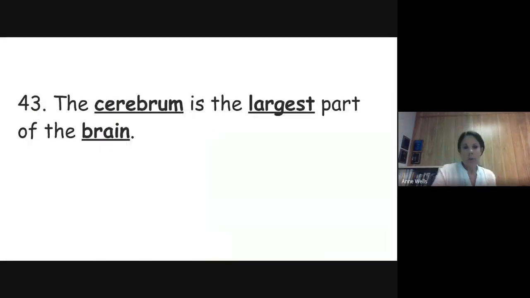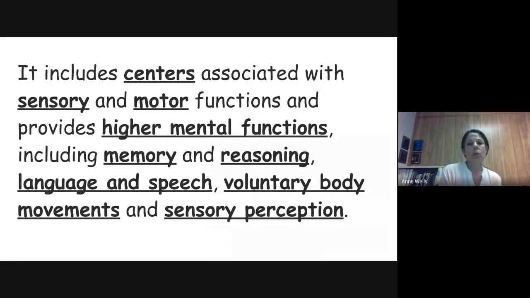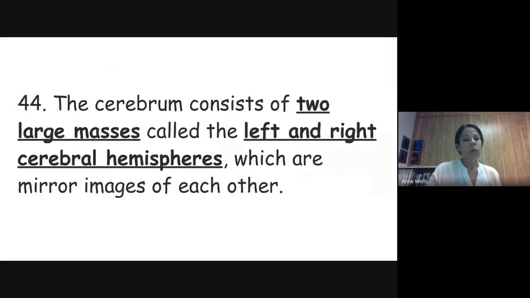Now, number 43, the cerebrum is the largest part of the brain. It includes centers associated with sensory and motor functions and provides higher mental functions, including memory and reasoning, language and speech, voluntary body movements, and sensory perception. Number 44, the cerebrum consists of two large masses called the left and the right cerebral hemispheres.